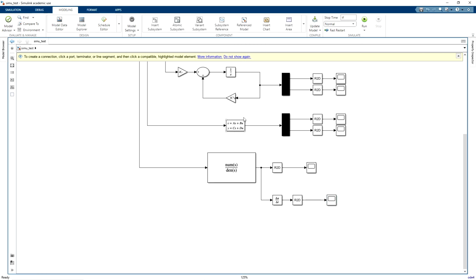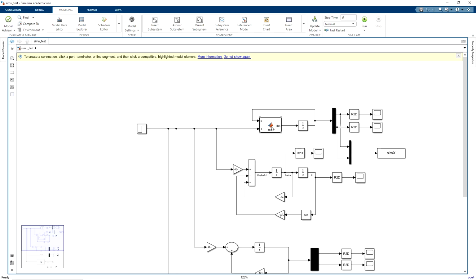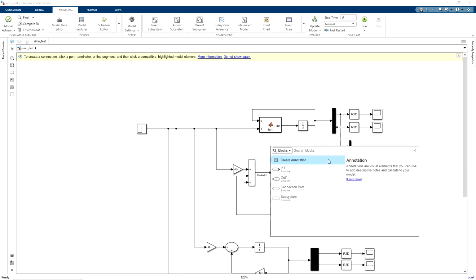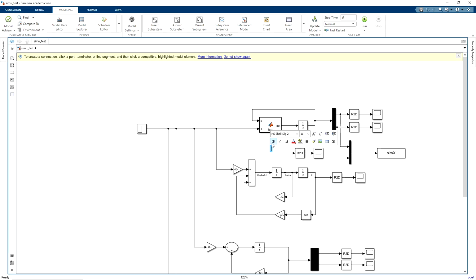Now we have tried different methodologies. One is by using the MATLAB function and then using this block diagram. You can write here actually by annotations. This is by MATLAB function.